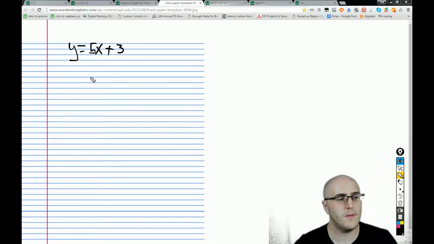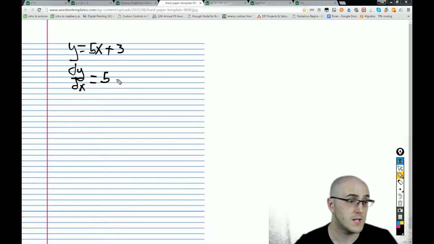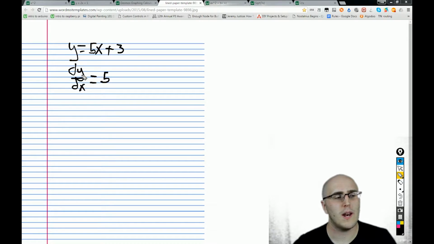If asked the derivative, you might say that dy dx is equal to whatever the derivative is, which I'm just going to tell you what it is, but we'll explain it later, which is equal to 5. And what this means is the rate of change at infinitesimally small changes in x and infinitesimally small changes in y always has the ratio of 5.